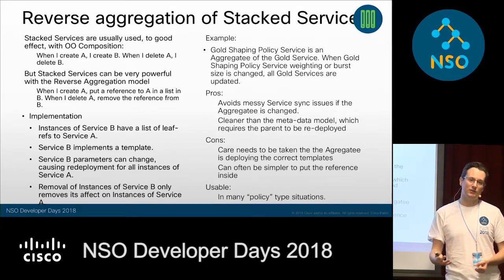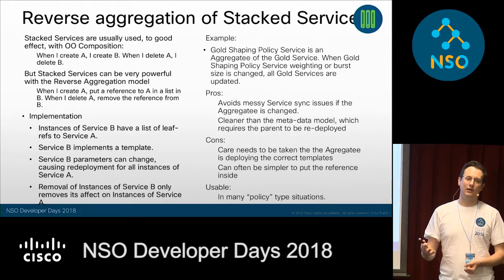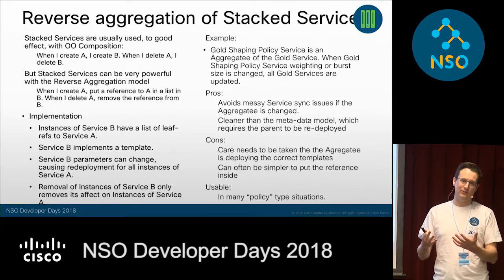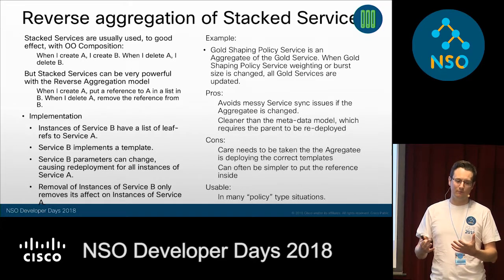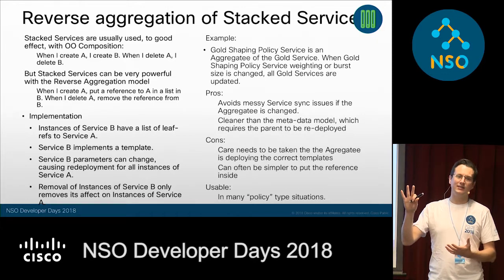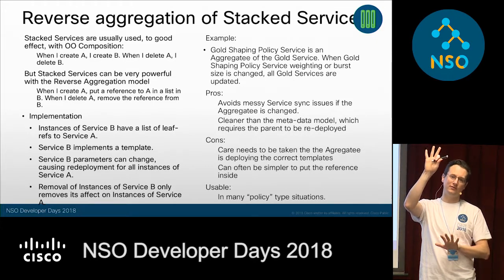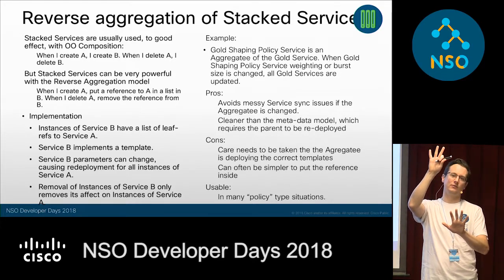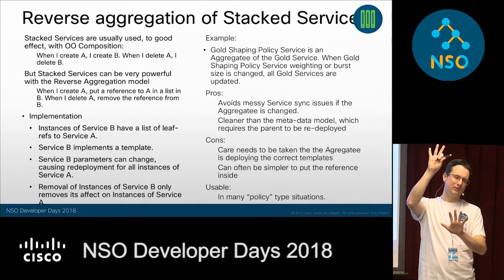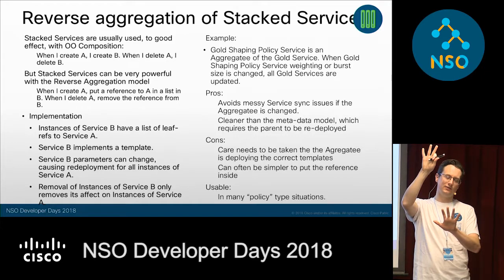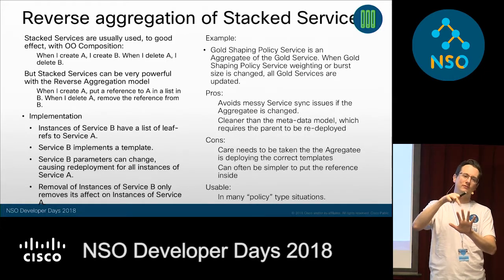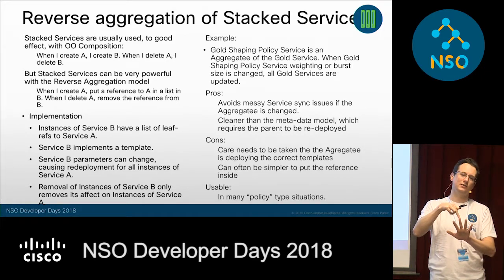Now, the aggregation model is useful, but typically in aggregation and object-oriented programming, the aggregating object keeps the reference to the aggregated object. So the parent object keeps the reference to the child object. But you can reverse that, reverse aggregation, where the parent puts a reference to itself in the child object.